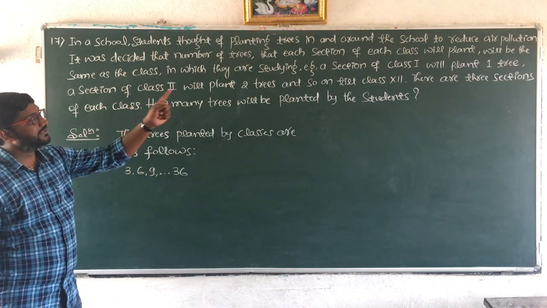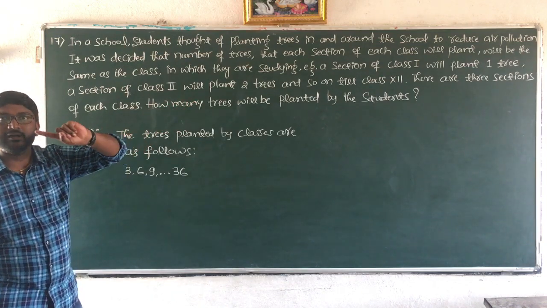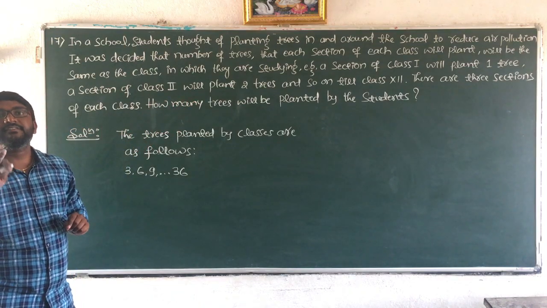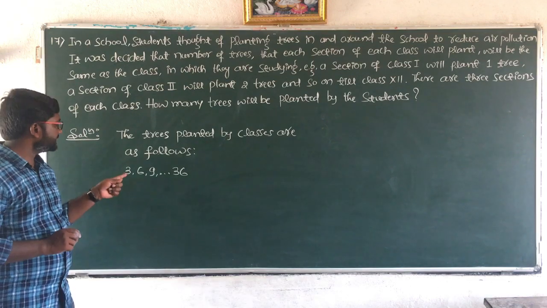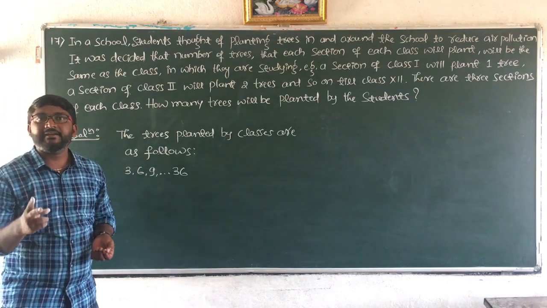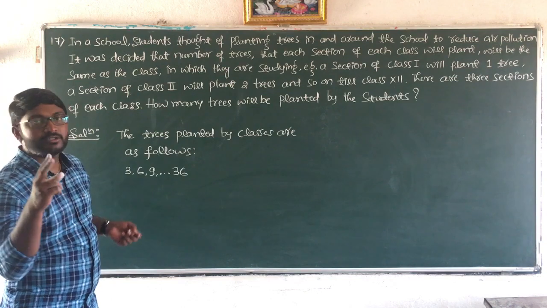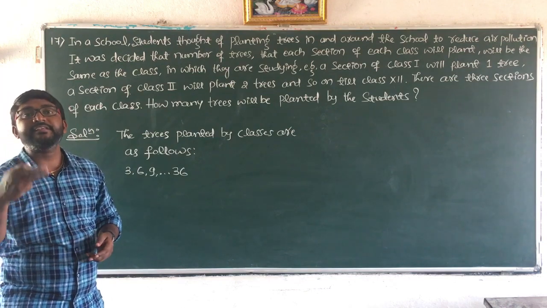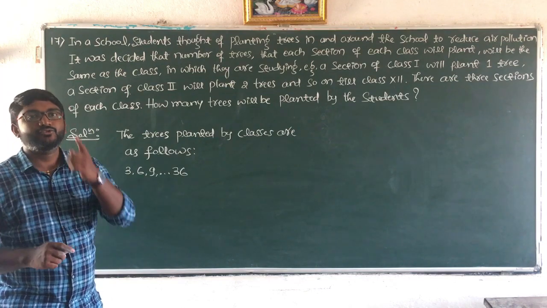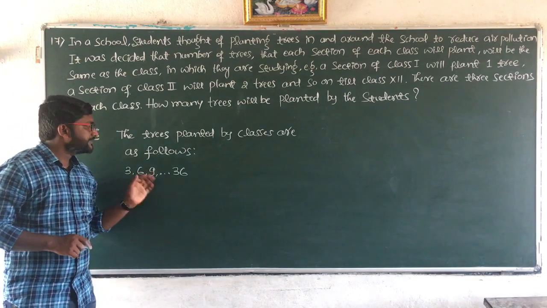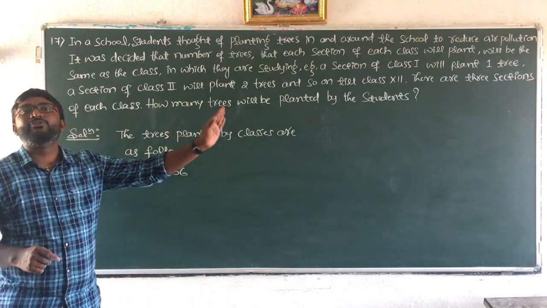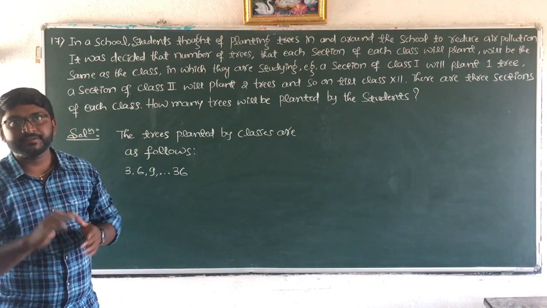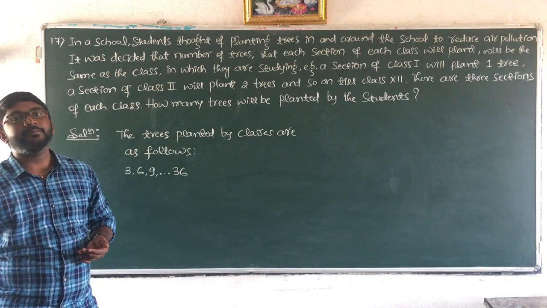Because first standard students will plant one tree and there are 3 sections of first standard, that is why it is 3. Then second standard students will plant 2 trees and there are 3 sections of second standard. So 2 into 3 it is 6. Similarly, class 12 students will plant 12 trees and there are 3 sections of class 12.